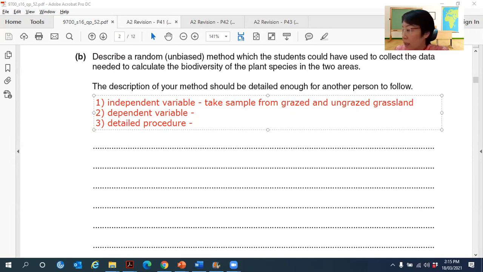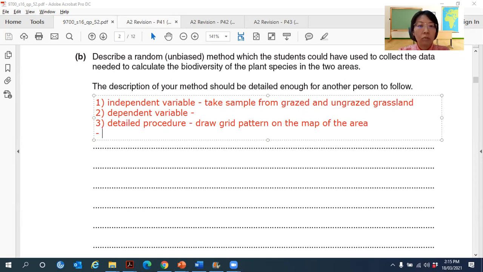Step number 1 is you need to have a map of the area at least. And on the map of the area, you draw the grid pattern. So draw the grid pattern on the map of the area that you want to sample.